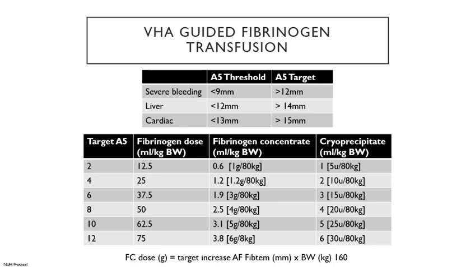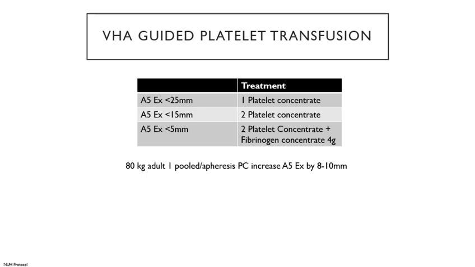For your reference, one of the ways to guide platelet transfusion will be to look at the A5 amplitude on the X-stem. This will guide with regards to the amount of platelet or fibrinogen concentrate required for transfusion. The protocol recommends the use of prothrombin complex concentrate to be repeatedly given till correction of CT.